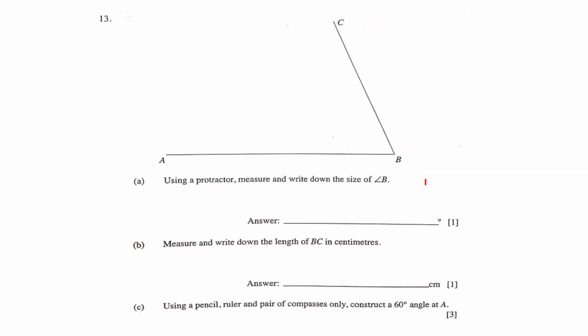That's what we wanted. Okay, so here we have a geometry construction problem. And so we have this figure. It says using a protractor, so you have to use that geometrical instrument, measure and write down the size of angle B. So we have the figure, what's the size, what's the measure of angle B? And so let's do that.